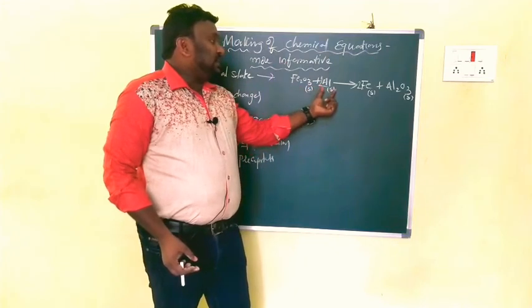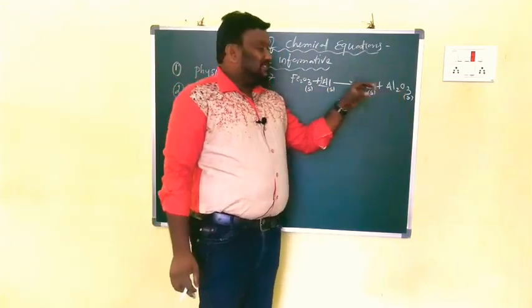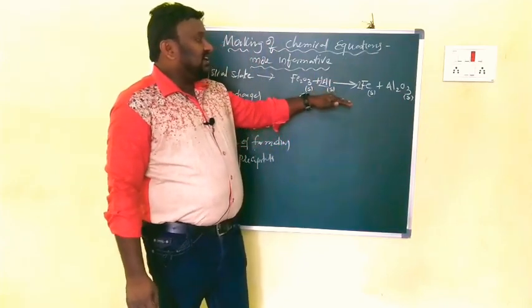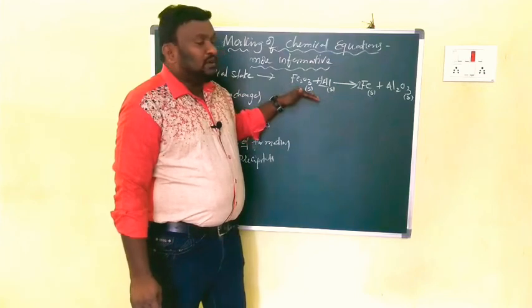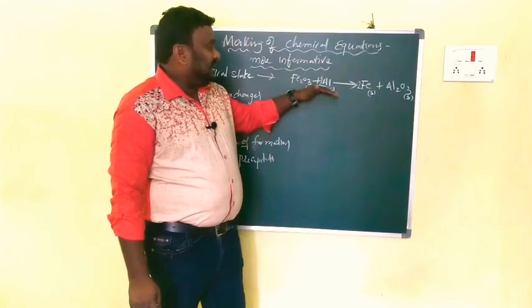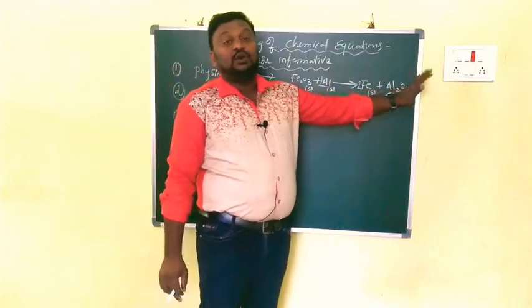Fe2O3 plus 2Al gives rise to Fe plus Al2O3. Now it is a very clear equation. Fe2O3 in the form of solid combines and reacts with the aluminum, then what do you get? Iron and aluminum oxide.